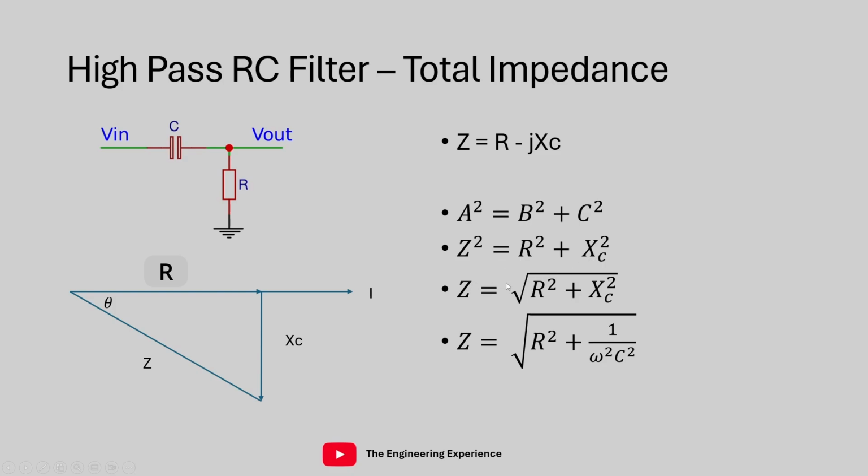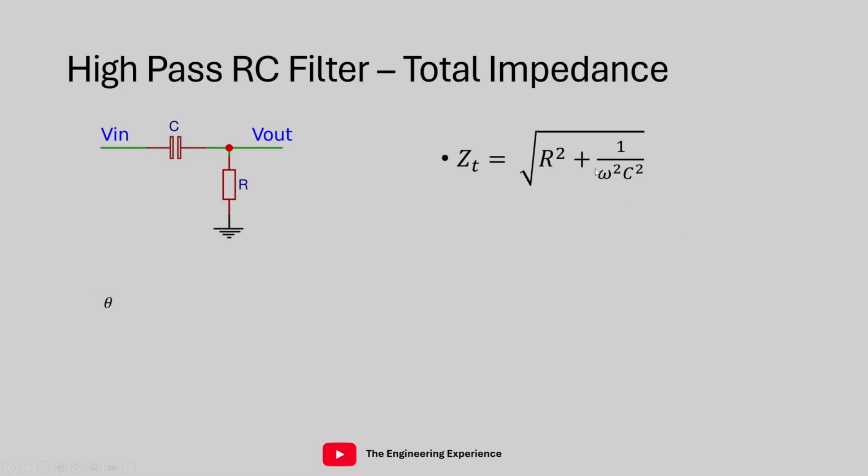So putting those numbers in, we get our total impedance squared is equal to R squared plus XC squared. And then taking the square on the other side and turning it into a square root, obviously, we get total impedance is equal to the square root of R squared plus XC squared. And now filling this out from our previous equation of 1 over j omega C, we can basically write out the total impedance is equal to the square root of R squared plus 1 over omega squared C squared.